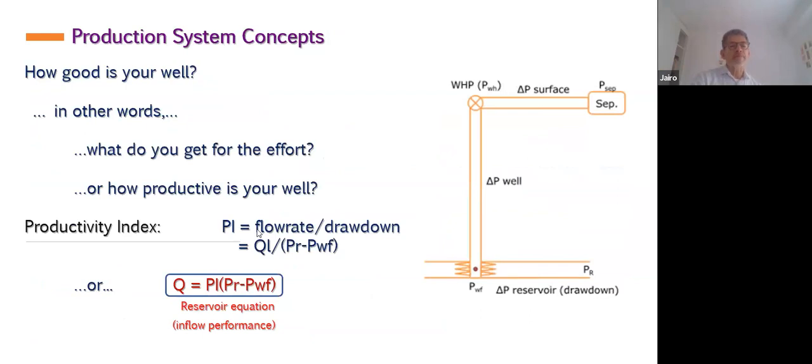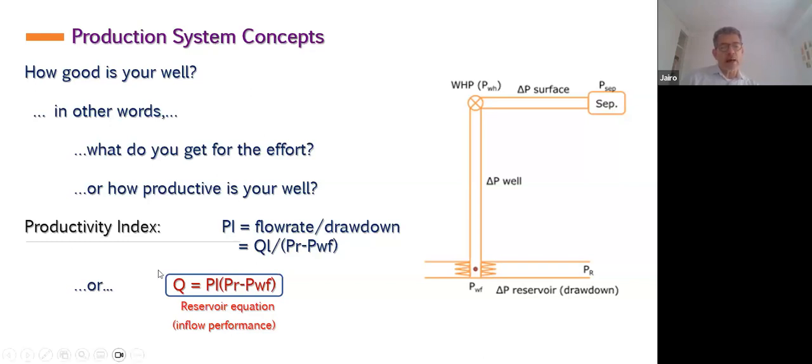So the question is, how good is a well? What do you get for the effort you put to drill a well, complete the well and produce the well? How productive is your well? Productivity index, of course, comes to play a role and tells us how good the well is.